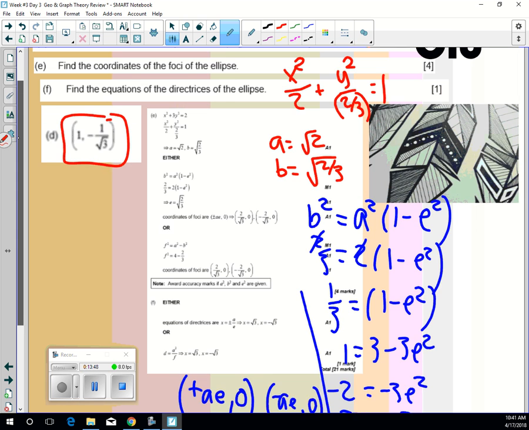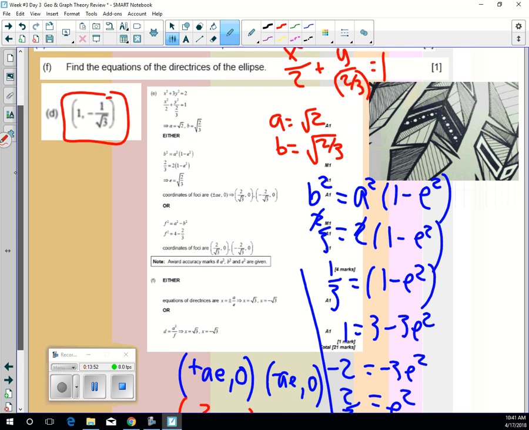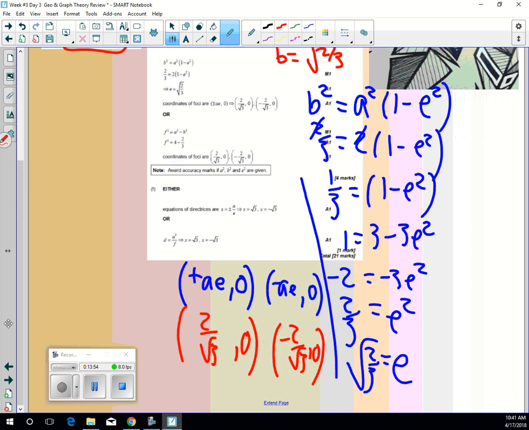Then directrix, right? Or find the equation of the directrices of that. So this was part E. Part F. For F, you're just going to use x is equal to plus or minus a over e.